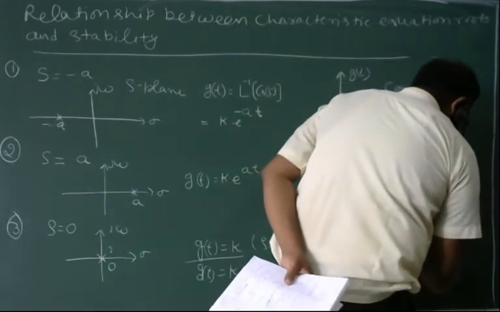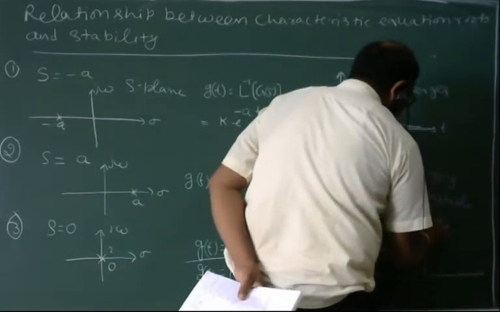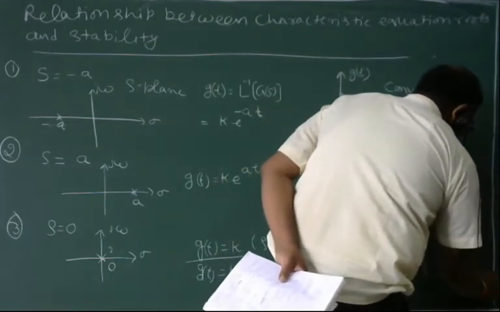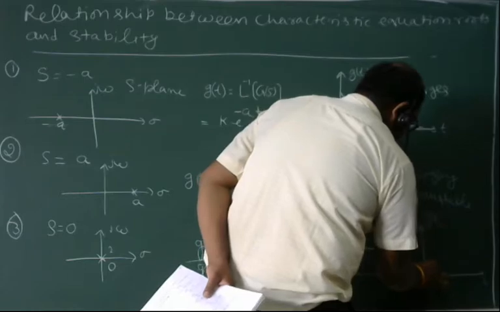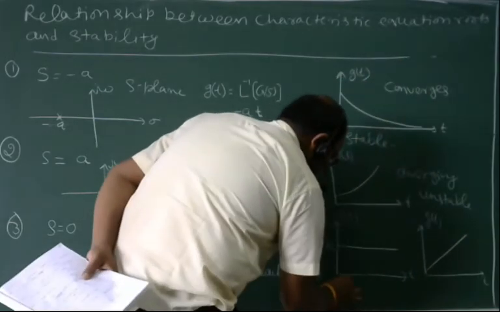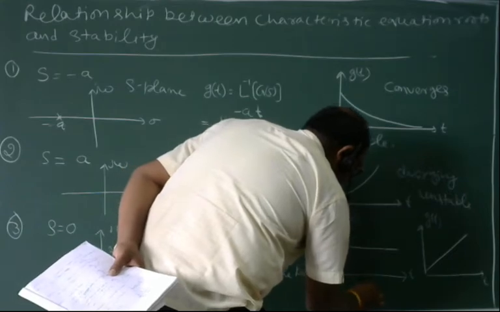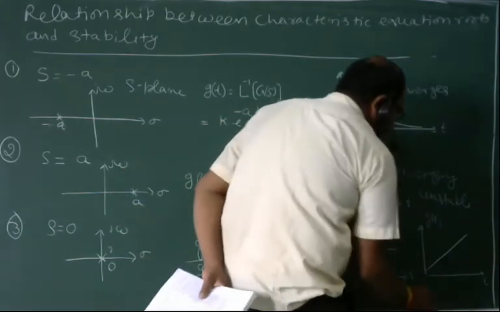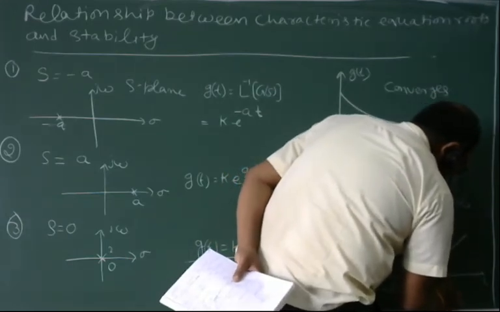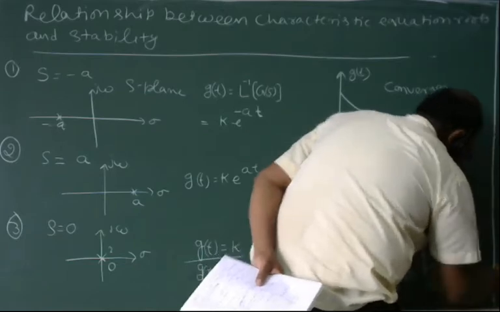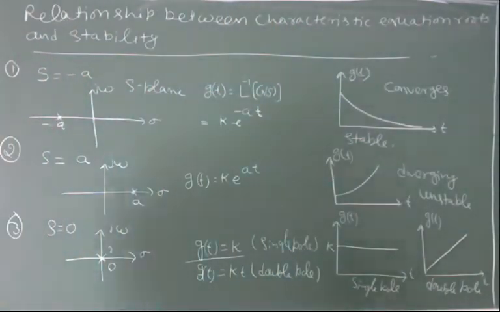And in case of double pole, g(t) will be like this. This is single pole. This one is double pole.